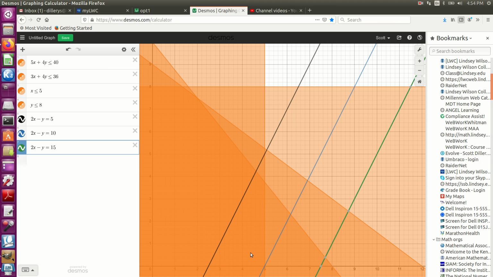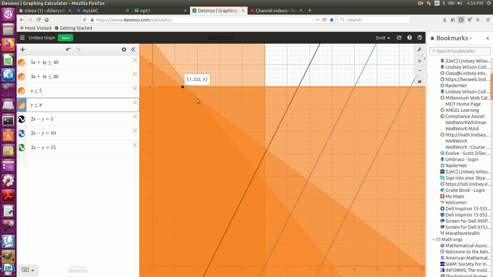So now notice what happens: because we're using straight lines, your answer, wherever it is, is always going to be at one of these corners. So we've got all these different corners here.